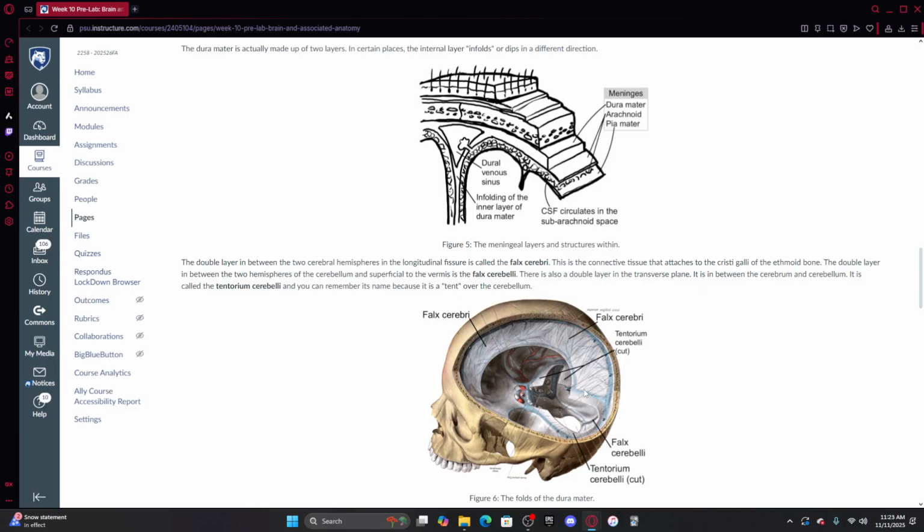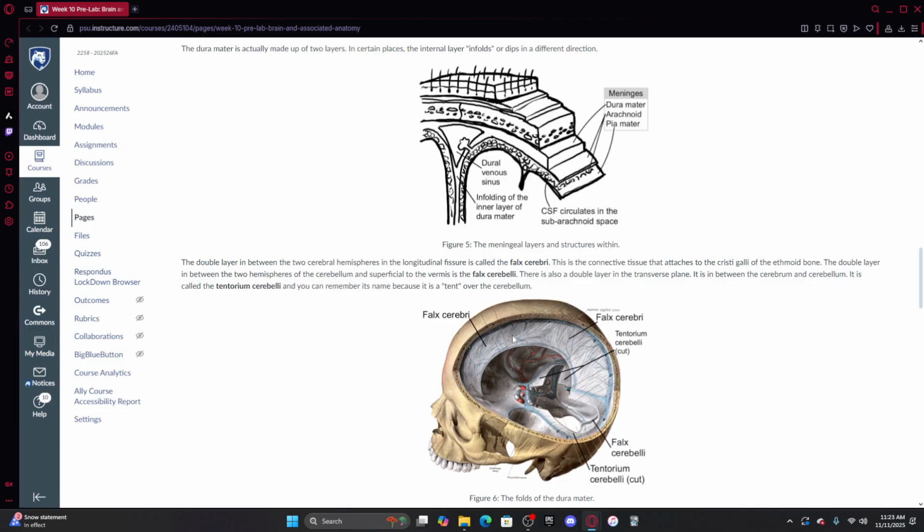In between the cerebellum and the cerebrum, you're going to have the tentorium cerebelli. It's been cut here, so you can't see it very well, right? So remember, this whole thing would be covered, because your cerebellum would be here, and this dura mater would be covering the cerebellum as a separation between the cerebrum and the cerebellum.